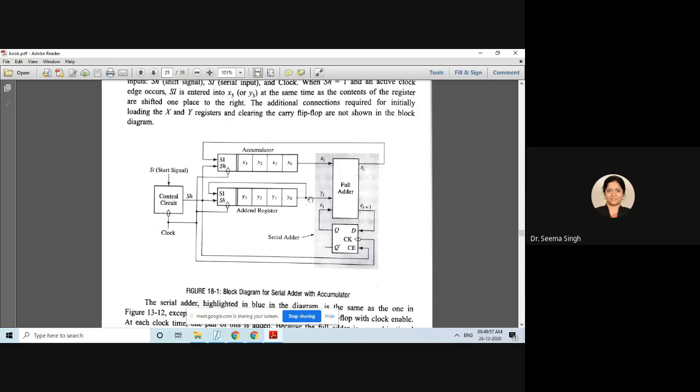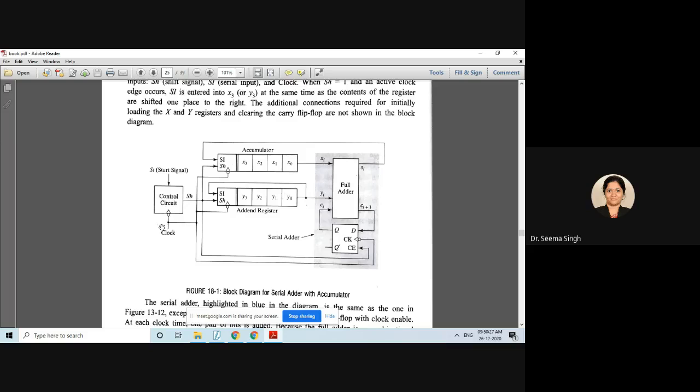Now what happens? You have this control circuit. And what does this control circuit do? It will have a clock output, because everything is governed by clock, no? I told you T0, T1, T2, T3. When I have these 4 clock cycles, my operations will be done as per the clock only. So now what happens at time T0?